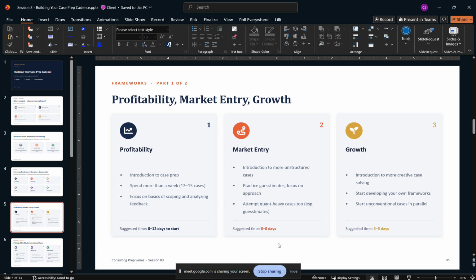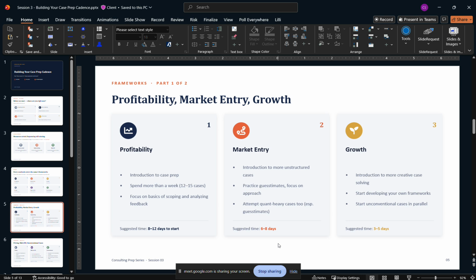Okay, let's talk about market entry. This is the second type of case, which is most common, even at an undergrad level. You'll see the general problem statements are like a company wants to expand internationally, where they should go, or someone is thinking about acquiring a new company in a new geography, should they do it, etc. So it will talk about guesstimates. It will talk about organic entry, inorganic entry.